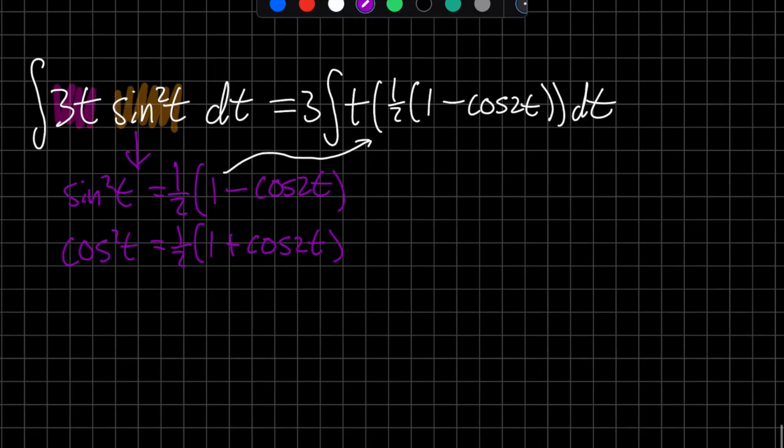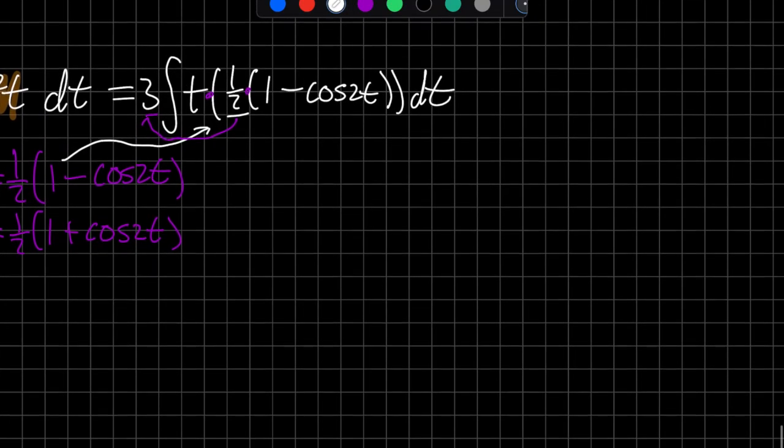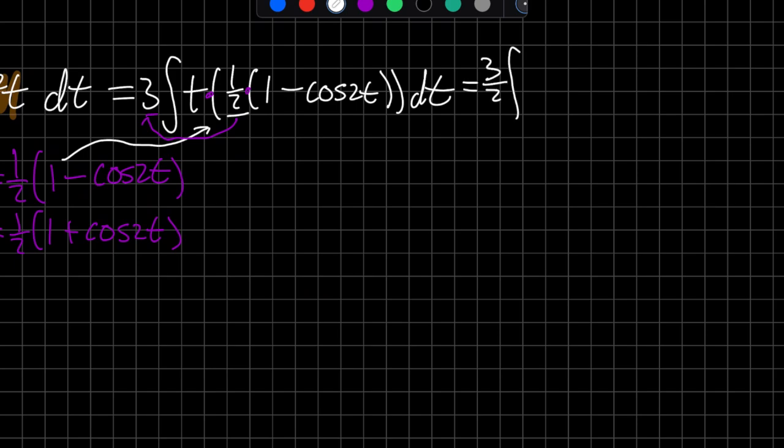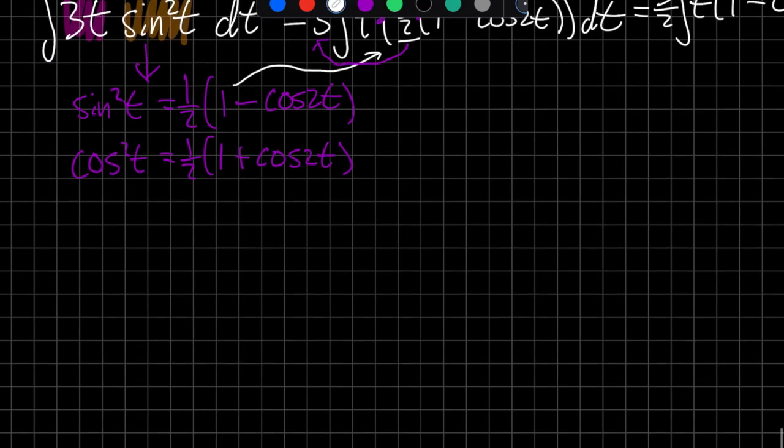Since everything right here is multiplication, we can bring out this 1/2 completely to the front. So we'll have 3 times 1/2, giving us 3/2 integral of t times (1 minus cosine 2t) dt. And now we have a much nicer looking integral, and this shouldn't be too bad.